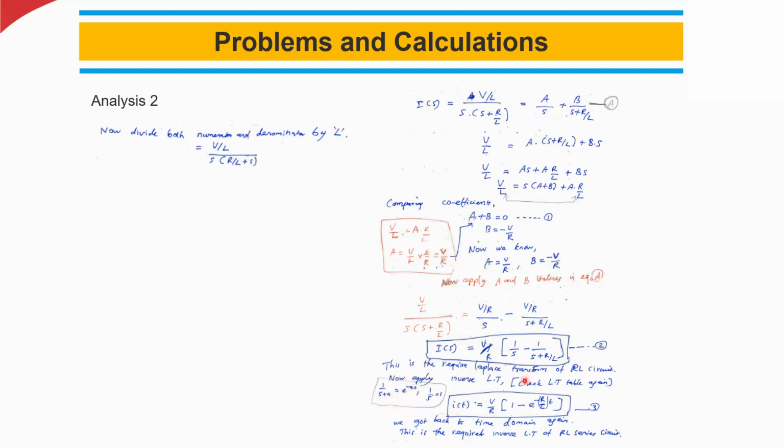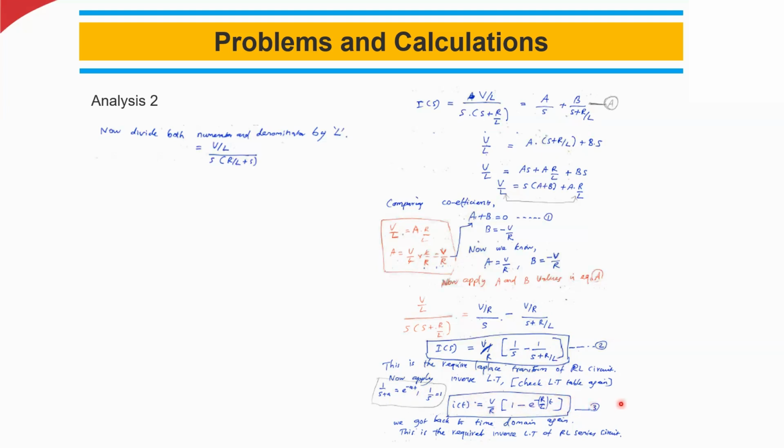Here a is nothing but R divided by L. V by R is constant, so we keep it outside. 1 divided by s, when you apply the inverse Laplace, becomes 1, and then minus e to the power minus R divided by L times t. So this is the final equation in the time domain again.